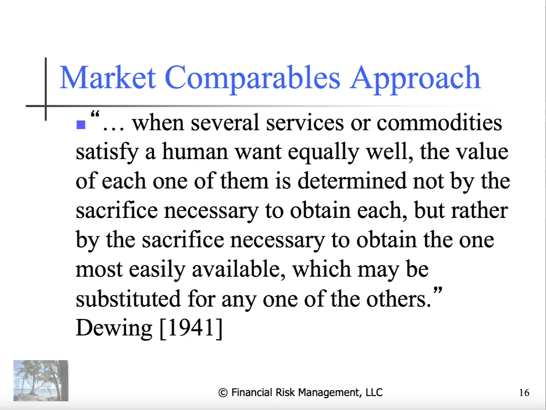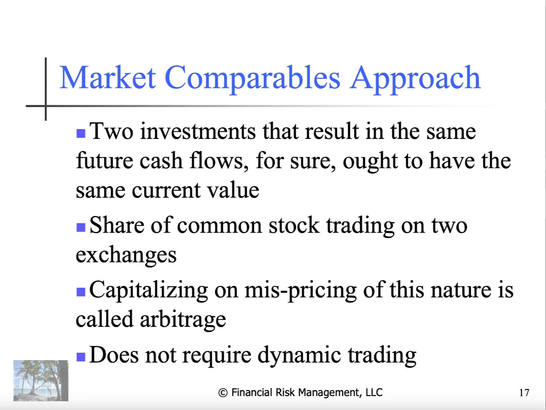Specifically, when you're out shopping for a particular product, you don't ask yourself, what is the cost of producing that product? What you ask is, how can I acquire this product at the lowest price if they're comparable? And so two investments that result in the same future cash flows for sure ought to have the same current value. And that's the argument made here.